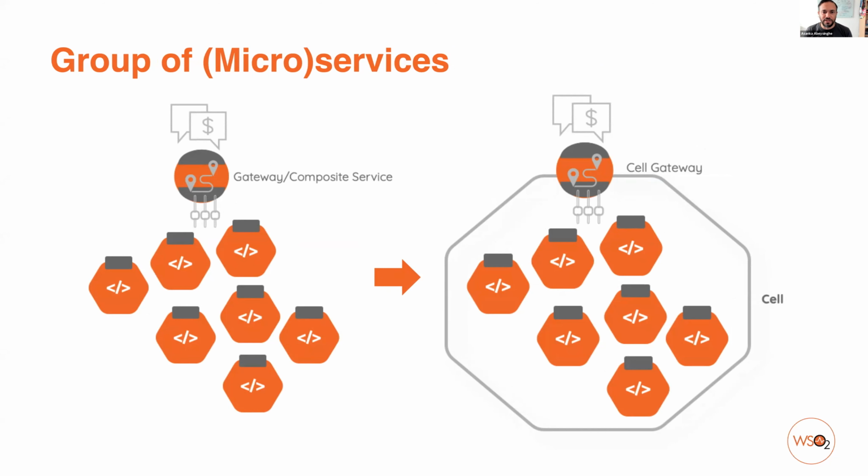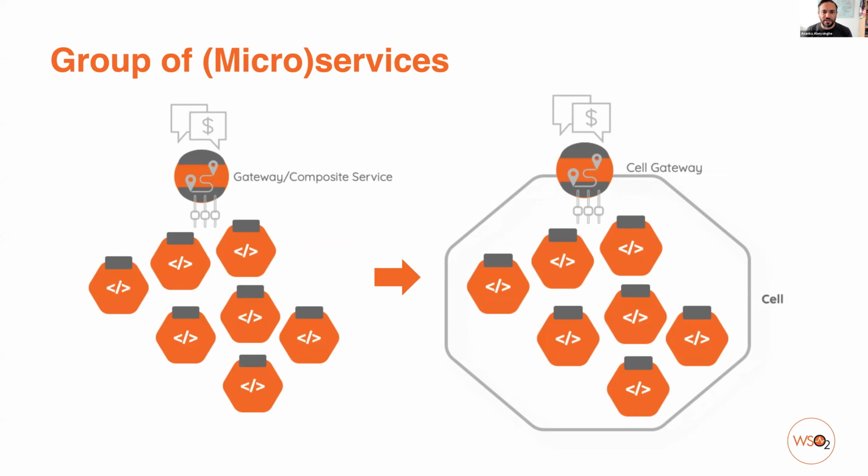So the ratio between cell and component, in most cases, is one to many, but there can be special cases where you have one to one. For example, if you are running a message broker or a database, then it's one to one. But if I repeat it, in a common case, it will be one to many.